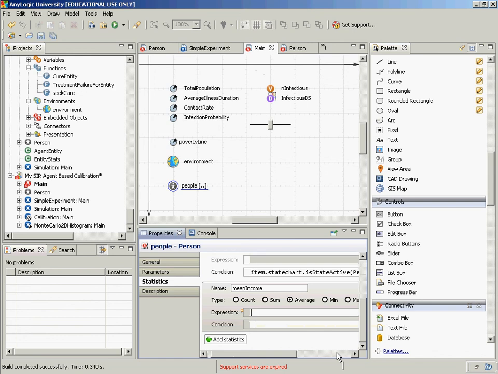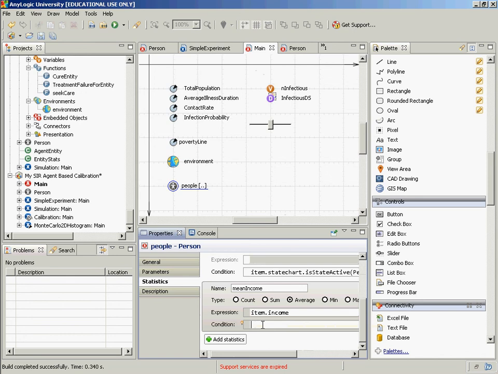So tell me what to put. For a given person called item, how would I find their income? Item dot, this is not a trick question, item dot income. That's what I put. And then there's this thing, condition. But really this is just saying, for whom should I count their income? Is it only for First Nations people?